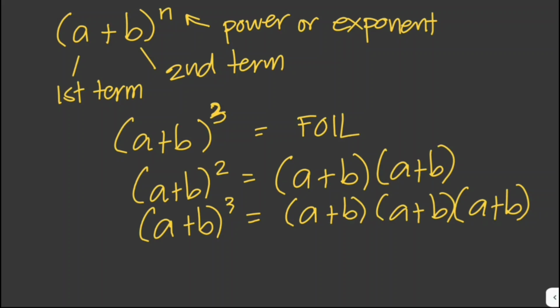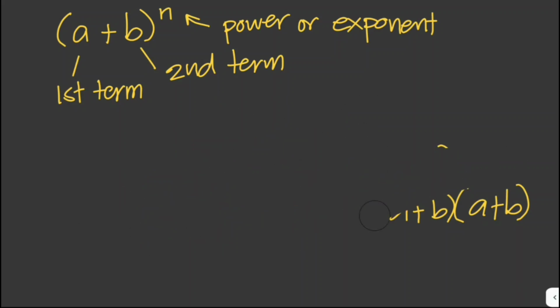But what if the exponent is more than 3, or 3 to 100? So how are we going to expand that binomial expression? We will use the binomial theorem and Pascal's triangle. The first thing we do is to determine the first term a and the second term b.